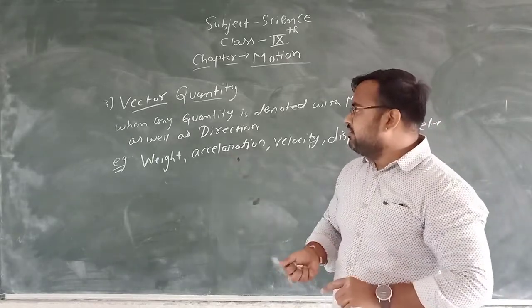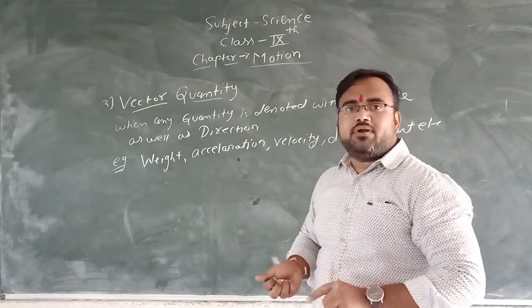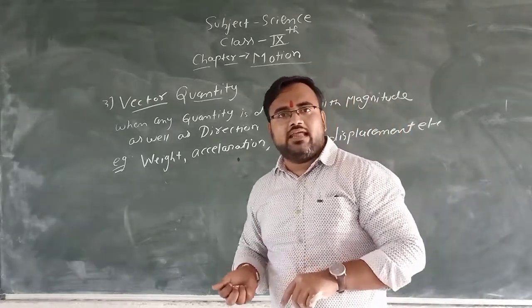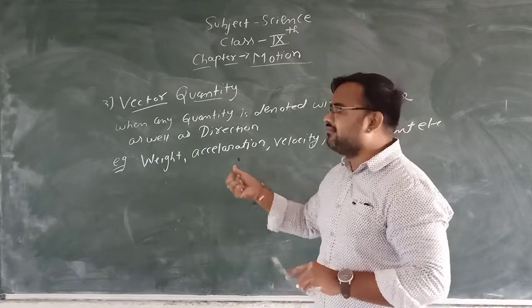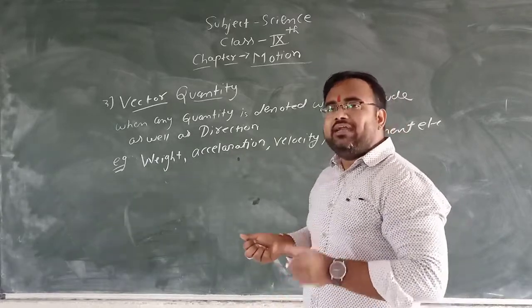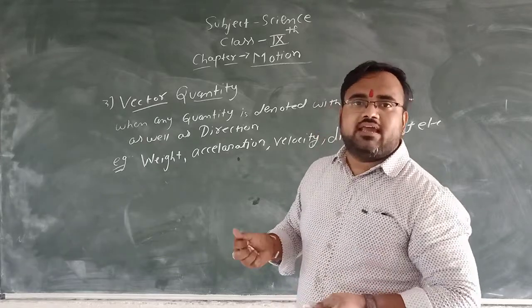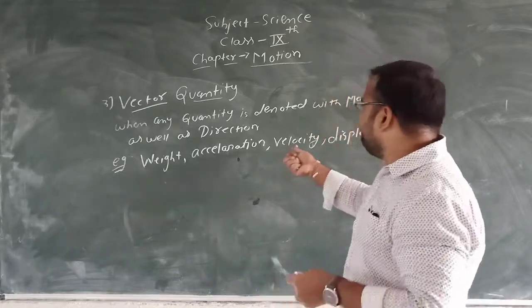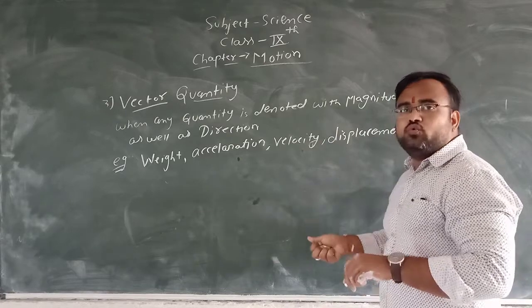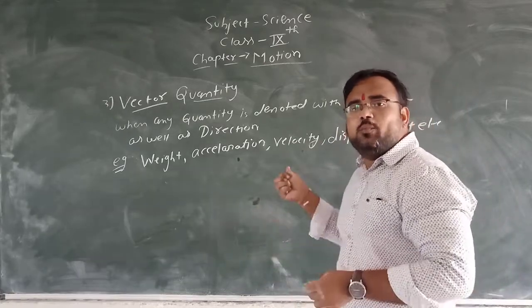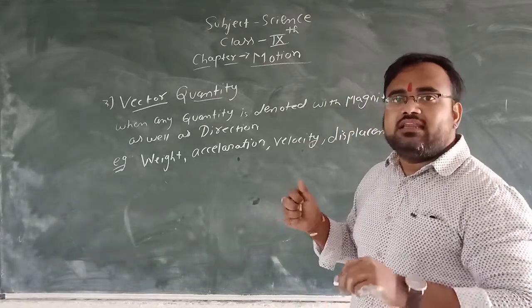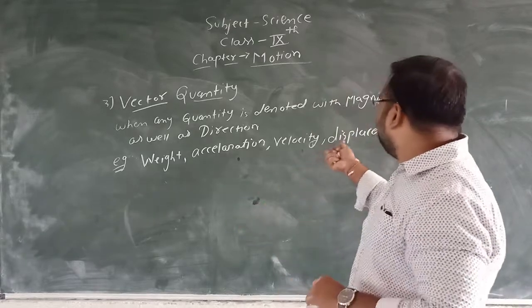Acceleration. For example, 20 meter per second. If I am using the word acceleration, then I will say 20 meter per second in east, 30 meter per second in west. Velocity, 2 meter in east, 3 meter in west.